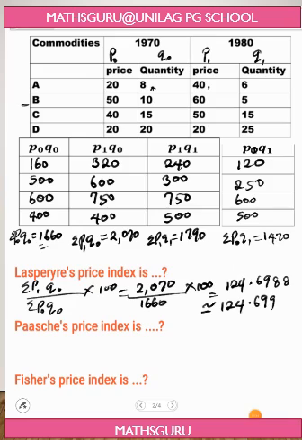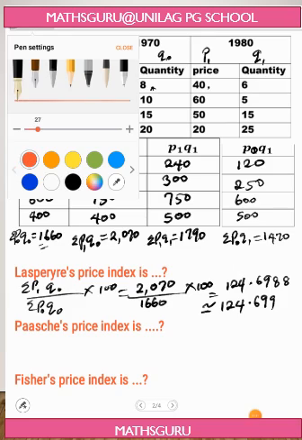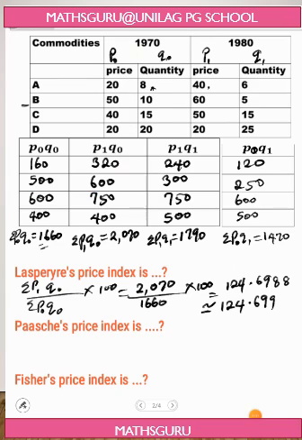Now let's work out the second question, the Paasche's price index. Remember, the Paasche's price index is given by summation P1 Q1 over the summation of P sub 0 and Q sub 1, multiplied by 100. So the summation of P sub 1 Q sub 1 is 1790.